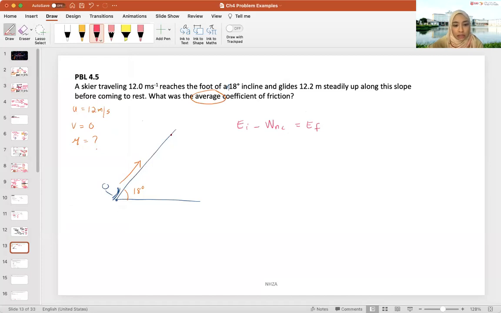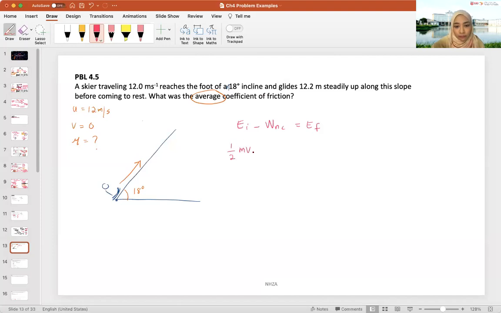When this guy is climbing up steadily, it is actually gaining potential energy. So we are talking about KE and also UG. Do we have US here? No. Okay, tak ada. And then we have KE final. Dia come to a rest, so V final adalah kosong.